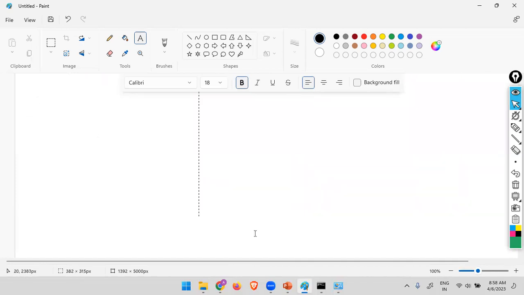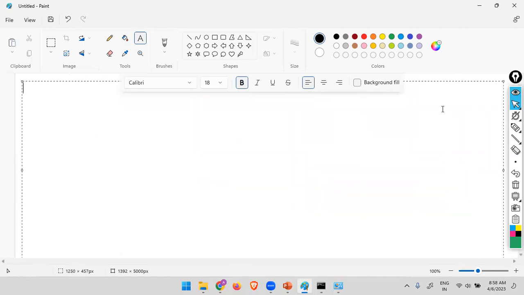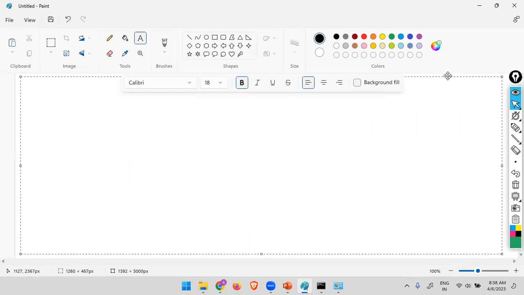Then next, let's start with class B. Okay, class B. How many network bits? 16. How many host bits? 16. So if I say total bits for manipulation, I mean total network bits first. How many total network bits do I have? 16. How many bits are fixed? 2 bits are fixed.